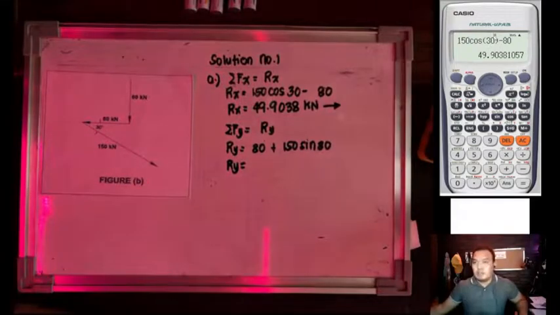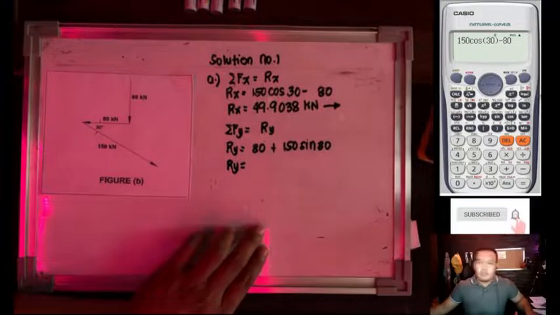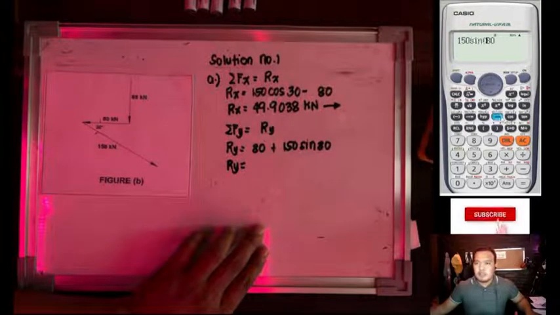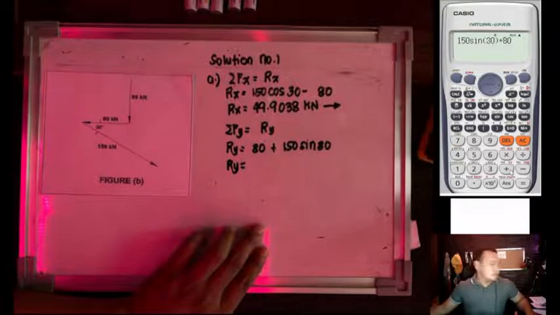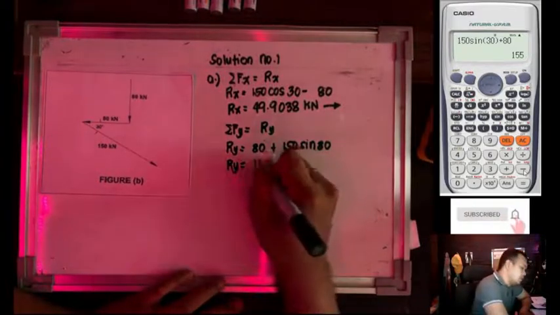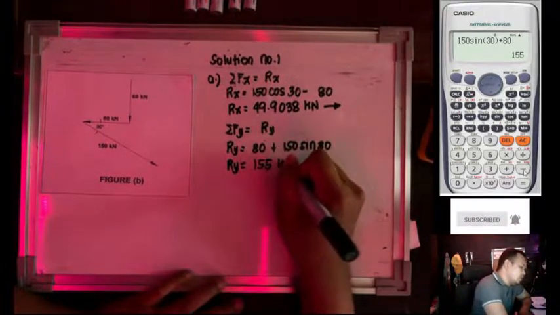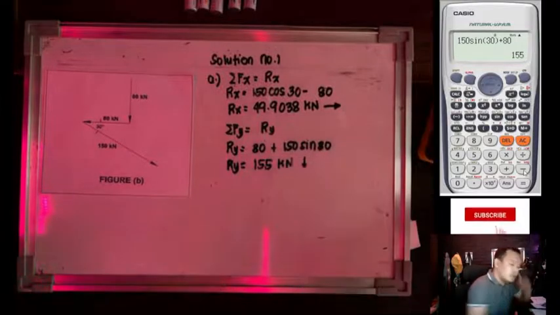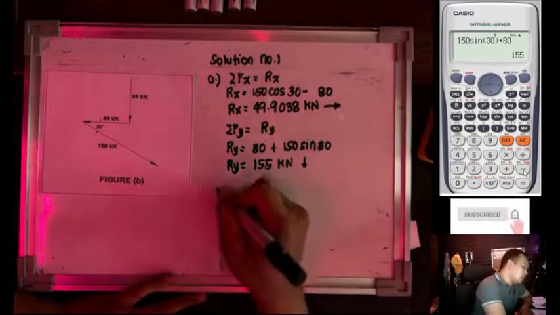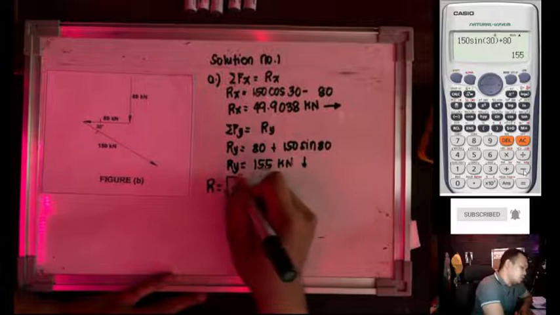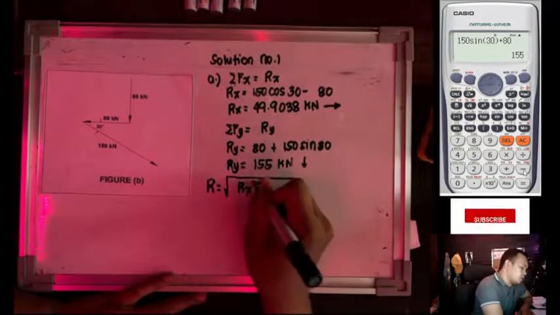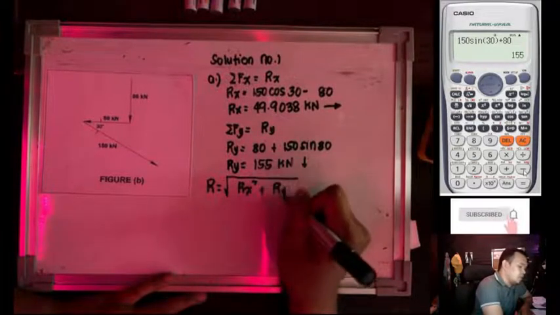Then we have 150 sine 30 plus 80. So, we have 155 kilonewton going down for Ry. Then, the resultant is equivalent to the square root of Rx squared plus Ry squared.